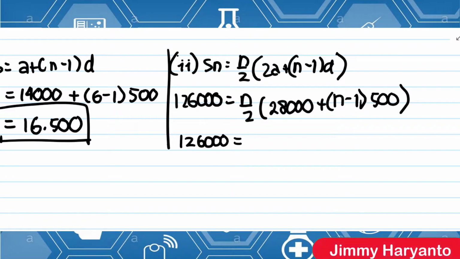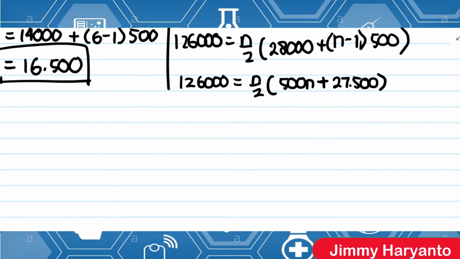126,000 equals n over 2 in the bracket 500n plus 28,000 minus 500, which equals 27,500.